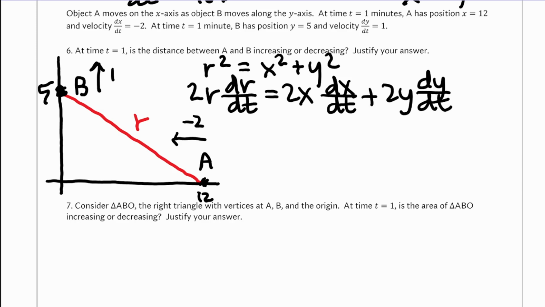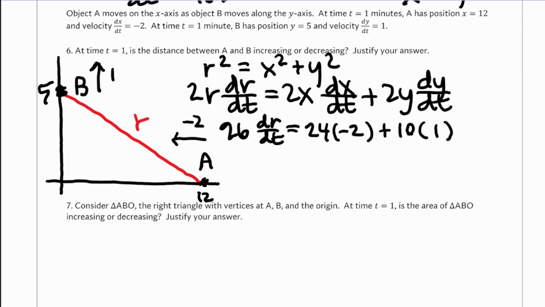Okay. And then I'm going to plug in everything. Okay, so r, when x is 12 and y is 5, 5, 12, 13 is a Pythagorean triple. It's one that's good enough for the SAT too. But r is going to be 13, so I'd have 26 dr/dt equaling 2x is 24 times dx/dt was negative 2, plus 2y would be 10 times dy/dt is 1.